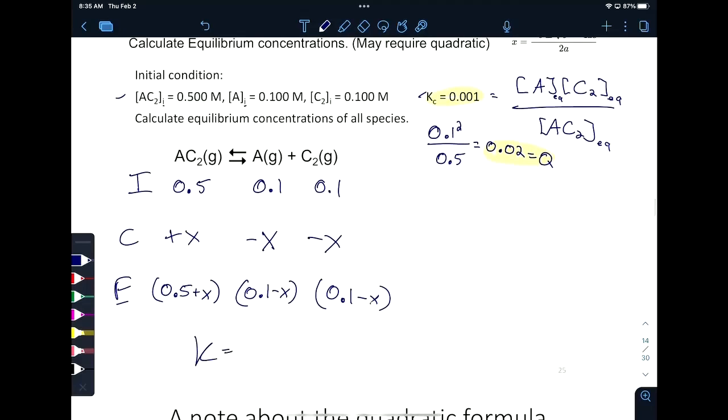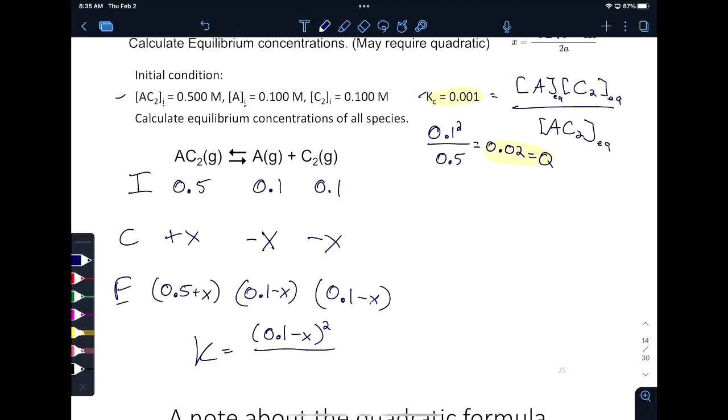So K is equal to the two products over the reactants. So it looks like I have 0.1 minus X is A. We have the same expression for C2, so I'm just going to square it because I'm lazy. All right.